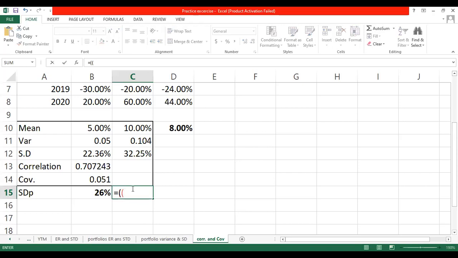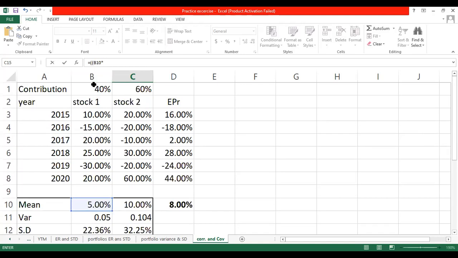Now see how, what does it mean. Because first I will complete a red bracket, and after the end of the equation I will close that black bracket as well. So return of stock 1 multiply weight of stock 1.